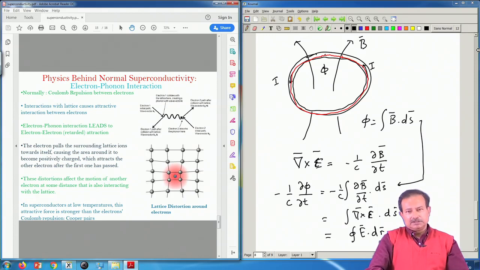The main difficulty is of course that all the electrons are negatively charged, so they will repel each other, right? It was realized that superconductivity is a state where you have a condensate, like a Bose condensate, and therefore you need to pair up electrons, and you need an attractive interaction for that to happen.